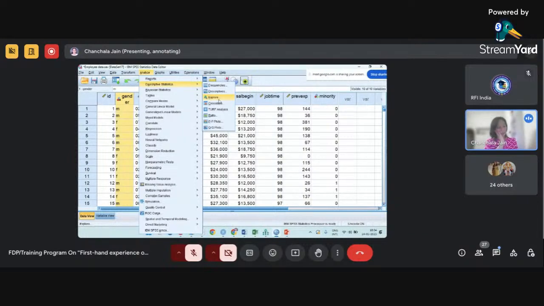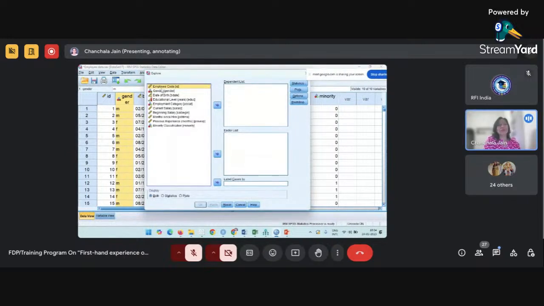Here you need to shift your current salary, named salary, into the Dependent List box. Also select the gender variable in the Factor List box. The dependent variable is the numeric variable, salary, and the factor means the independent variable. You want to compare salary for male and female, so you shift the second variable of your study, gender, into the Factor List box. I hope till here everyone is okay and with me.